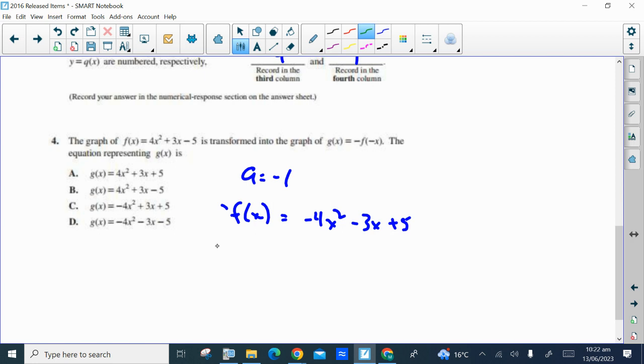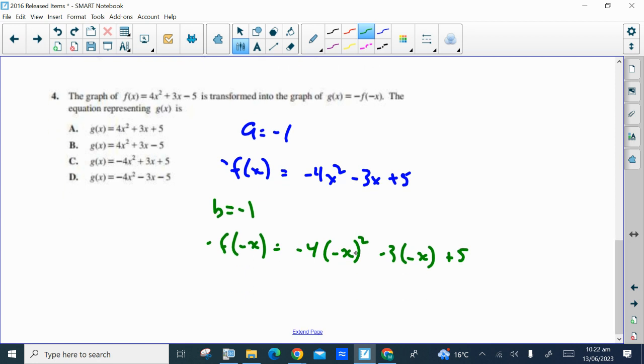And then we have a b value of -1 as well. So now we're going to do negative f at negative x. And to do that, the x is replaced with negative x. Whatever happened to the x before also happens to the negative x. And so for that first term, it means it's going to be squared. Then you're going to have -3 times negative x plus 5. And when you square negative x, it becomes positive x squared times -4 is -4x squared.